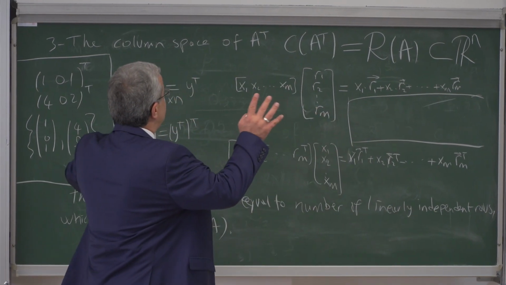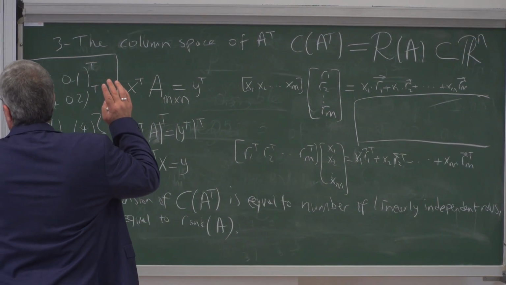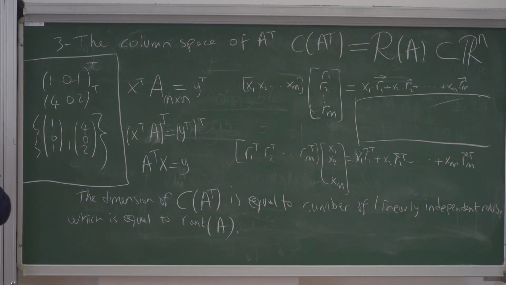So the null space of A is a subspace of R^n, meaning each vector in this one has n components, right? So it is a part of R^n. So you have an n-dimensional real vector space, and the vectors in the null space of A have their own little or big or whatever subspace within that big space.